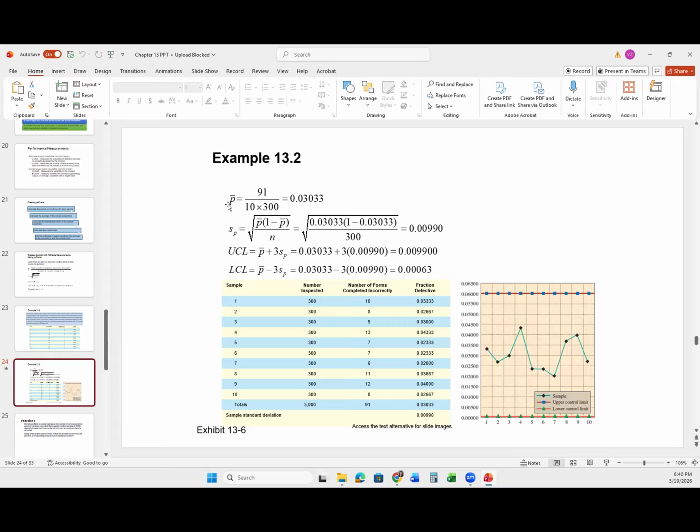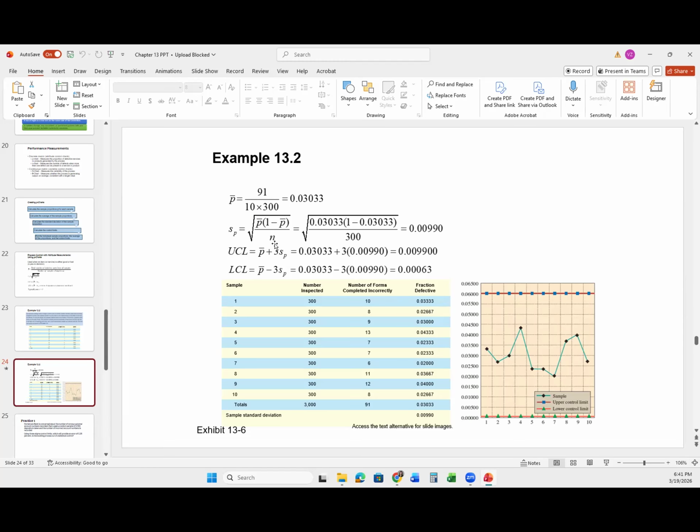This is what we call p-bar. A short line above the letter, we call the bar. So this is p-bar. And once you have p-bar, you will be able to find a really important number, which we call SP. SP equals the square root of p-bar times (1 minus p-bar) divided by n.